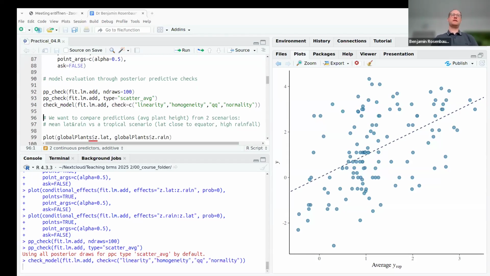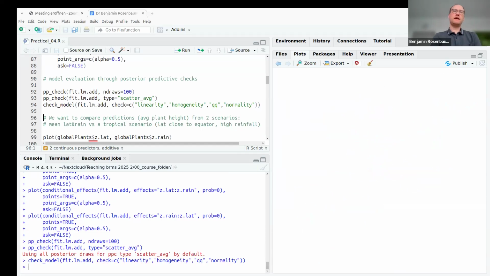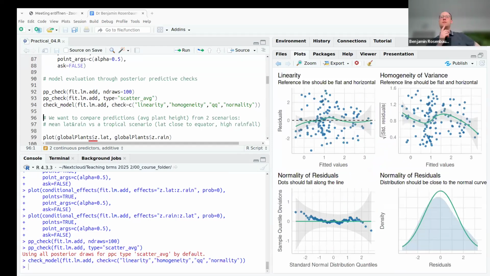And then you have this check_model function from the performance package, and again some classical analysis here. So this is the residuals, which should not show any kind of trends against the fitted values. And here also the same, the residuals, but all made positive.